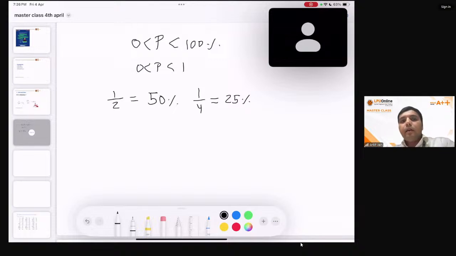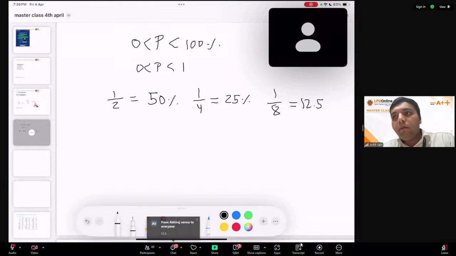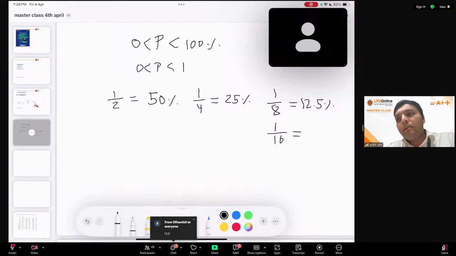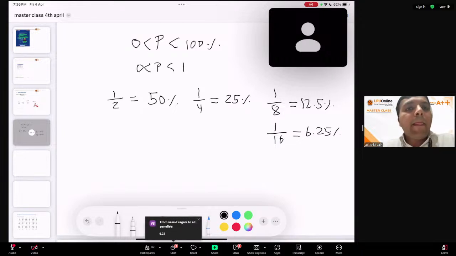If 1 by 4 is 25%, 1 by 8 is half of 1 by 4, which is 12.5%. If 1 by 8 is 12.5%, 1 by 16 is half of 1 by 8, which is 6.25%. So all values are interrelated. Yes, now the chat box is enabled. You can answer. Yes, 6.25%.